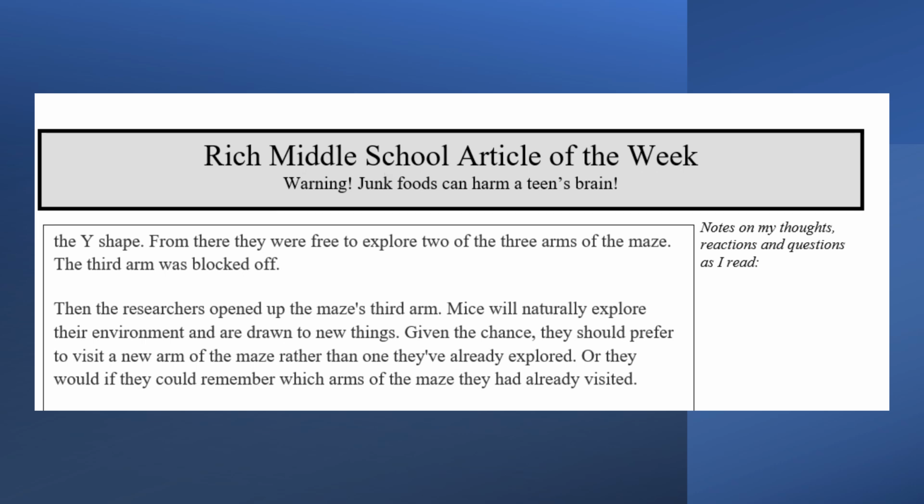Then the researchers opened up the maze's third arm. Mice will naturally explore their environment and are drawn to new things. Given the chance, they should prefer to visit a new arm of the maze rather than the one they've already explored, or they would if they could remember which arm of the maze they had already visited. Okay, go ahead and over in here, put a comment for those 3.